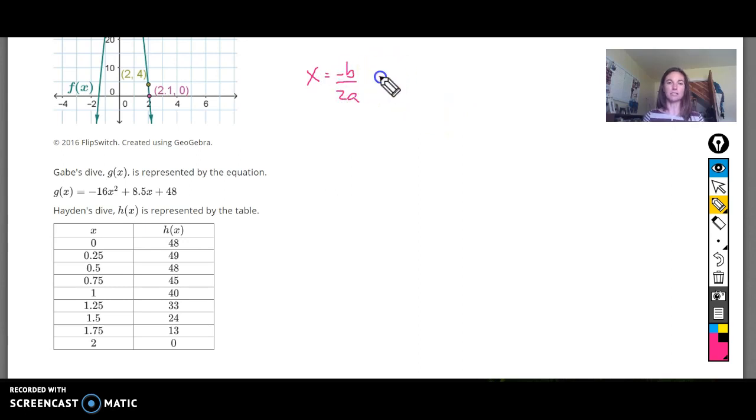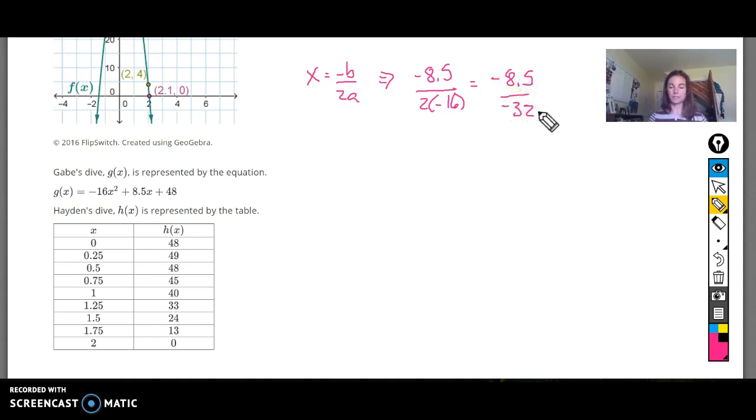That is going to be negative 8.5 over 2 times negative 16. And this is negative 8.5 over negative 32.